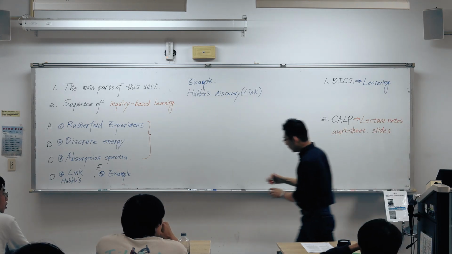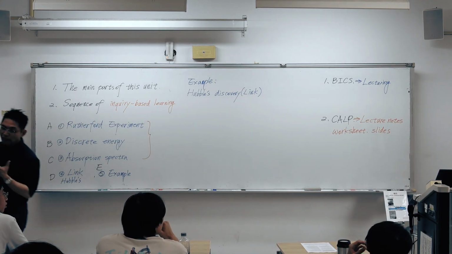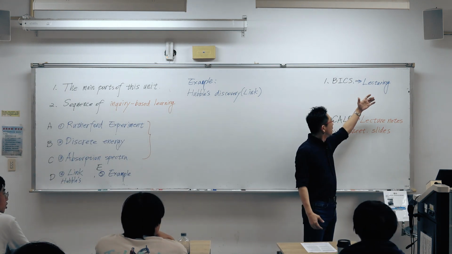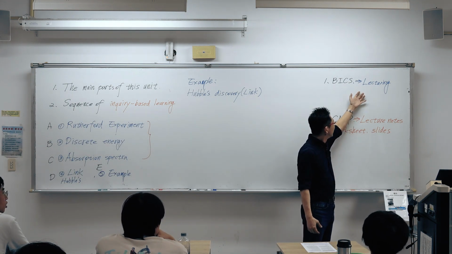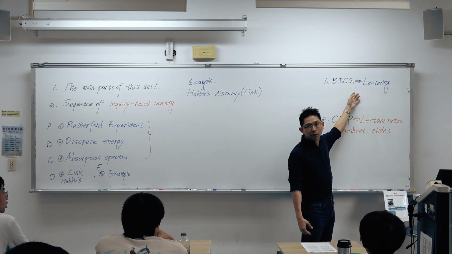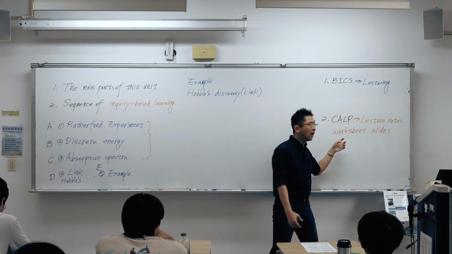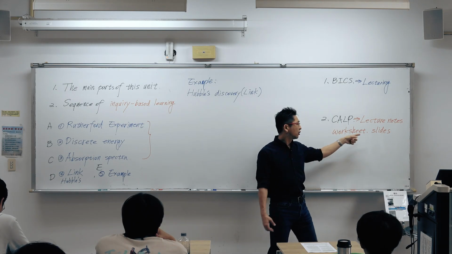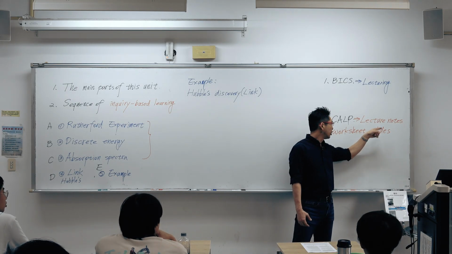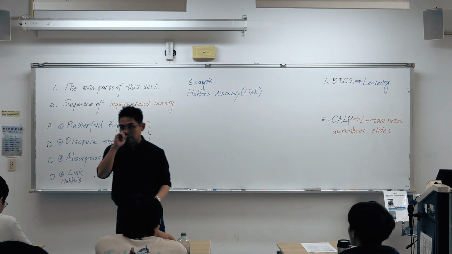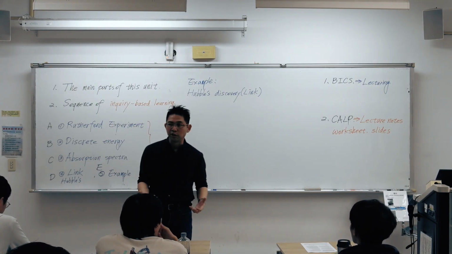So help our students listen to the interpersonal communication more, but they have to read or learn the academic language in the lecture notes, worksheets, or slides. That will be more feasible for our class teaching.